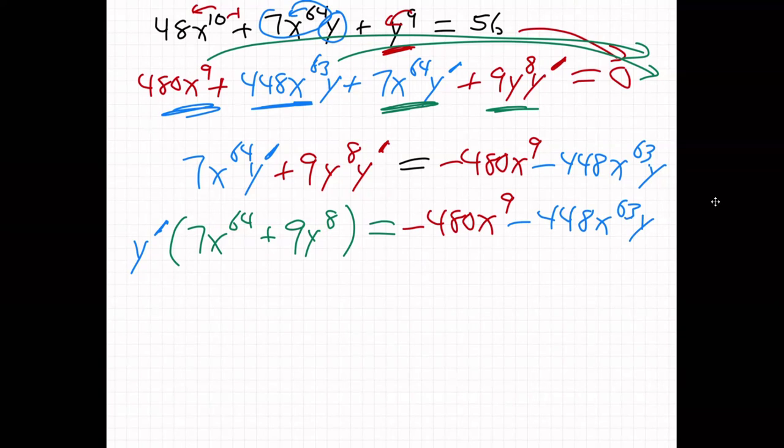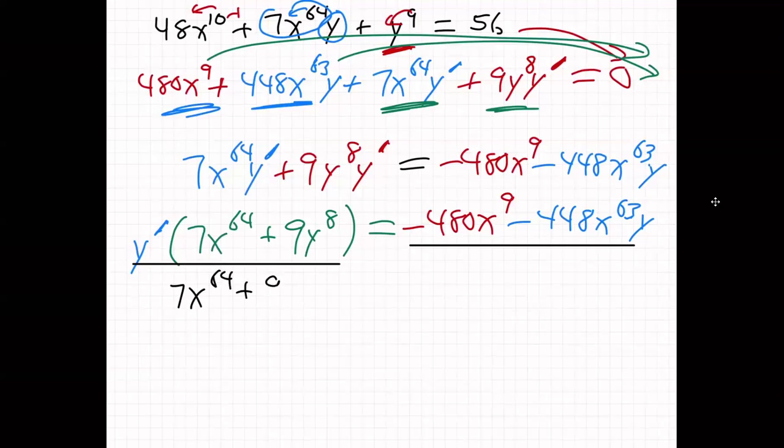Now divide both by 7x to the 64 plus 9y to the 8. That cancels out, so there's our answer right here.